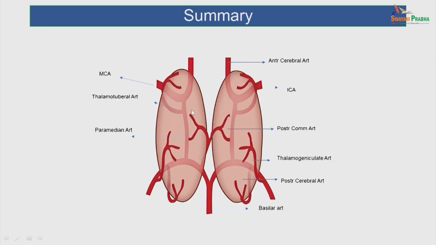Now coming to the blood supply, the perforating arteries supply the thalamus on the medial and lateral surfaces and the anterior and posterior parts. They are the thalamotuberal arteries and thalamogeniculate arteries, which are branches from the posterior cerebral, posterior communicating, and also the posterior choroidal and middle cerebral arteries.